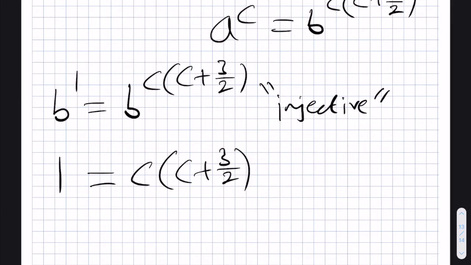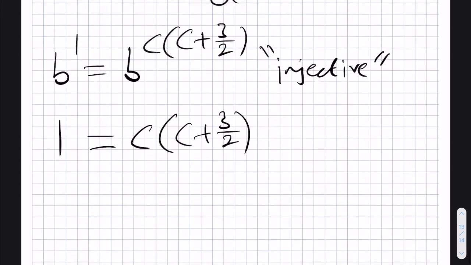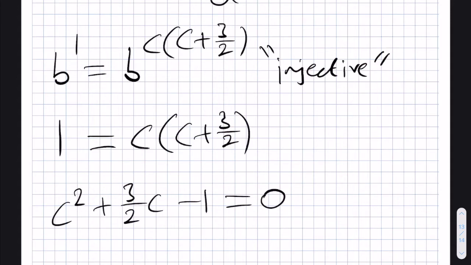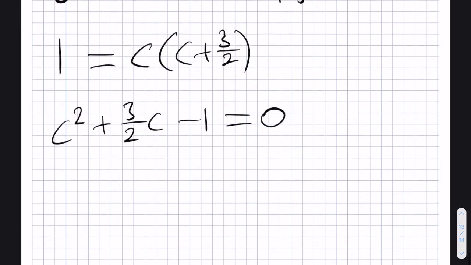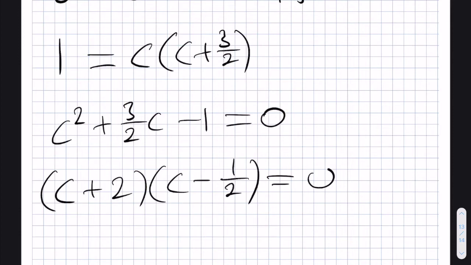The nice thing about this is that this is a quadratic equation. We have, by rearranging, c squared plus 3 over 2c minus 1 equals 0. Now, if we factorize this, we can have c plus 2 and then c minus 1/2.